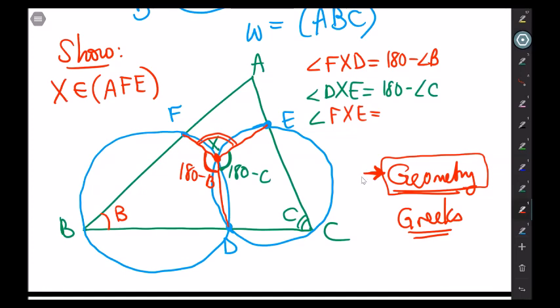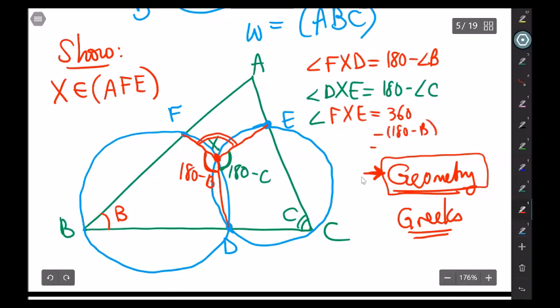That's it. And if you do so, what do you get? What measurement comes out of it? So 360 minus 180 minus B minus 180 minus C. Yes. If you subtract them, the 360s and the 180s cancel, we are left with B plus C.